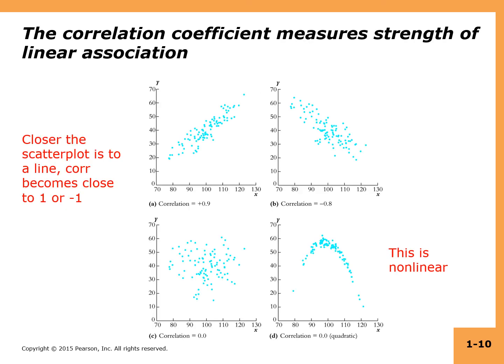Here are some examples of correlation coefficient. Remember, the correlation coefficient measures the strength of linear association. In other words, it measures how close the dots are to the straight line. And as the dots become closer to the straight line, then it gets closer to +1 or -1.